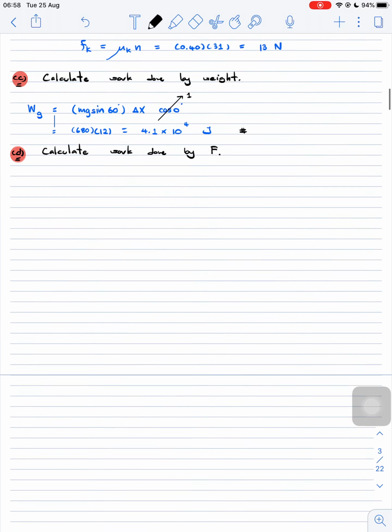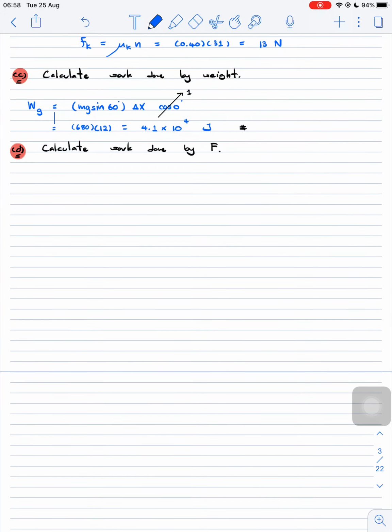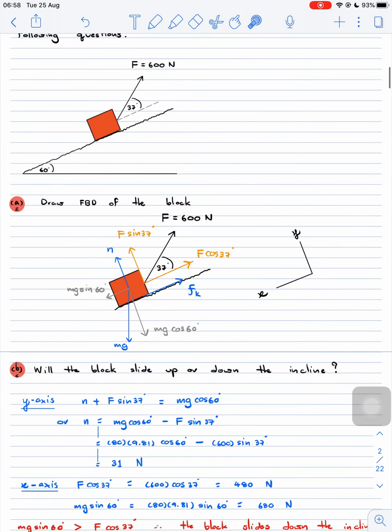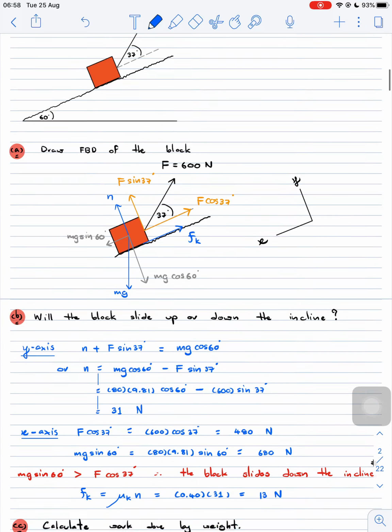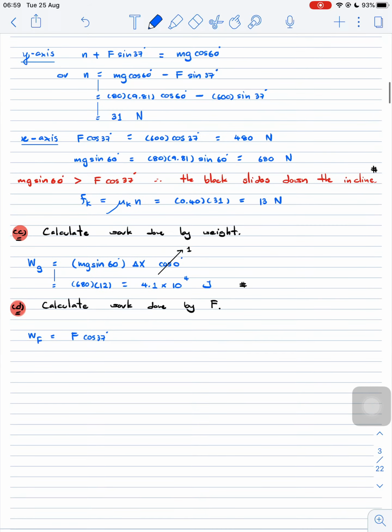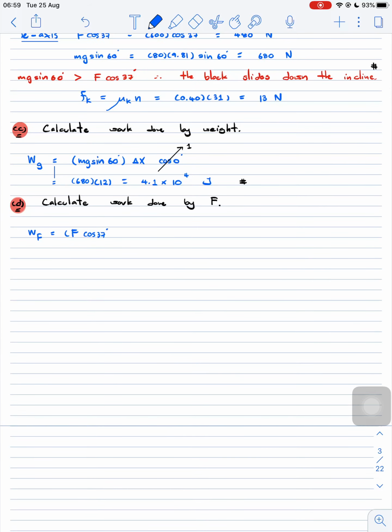Then we can get that the work done by the force F is equal to F cosine 37 degree times the displacement delta x, times the cosine 180 degree.